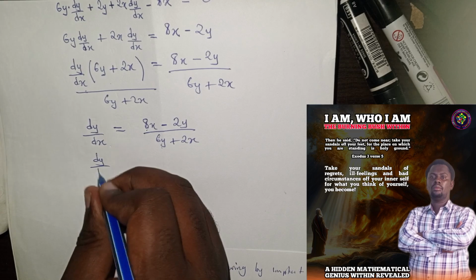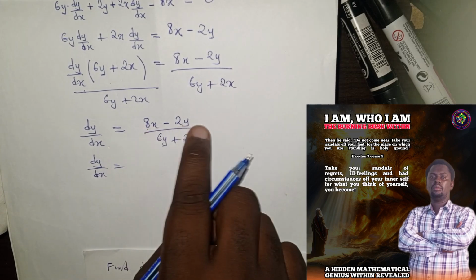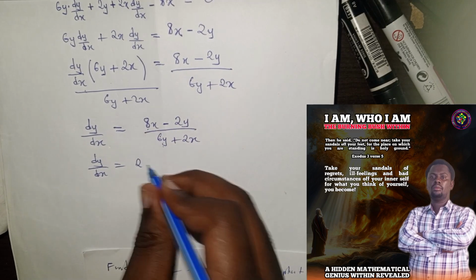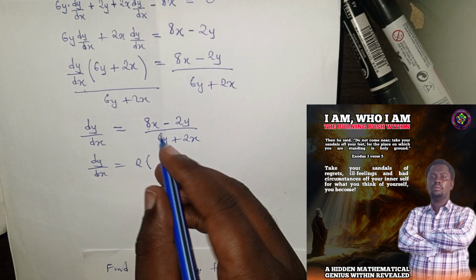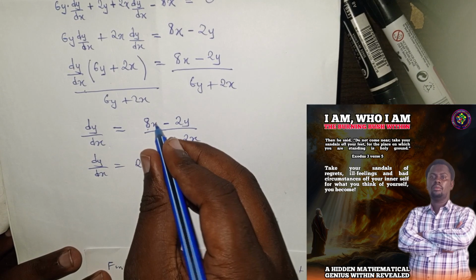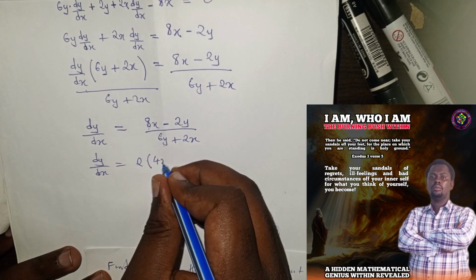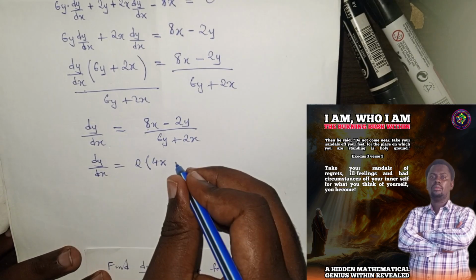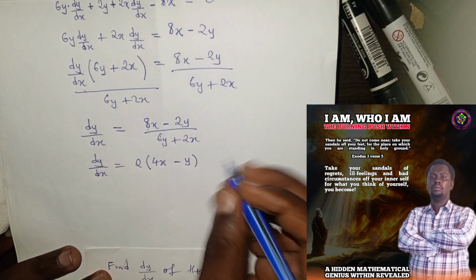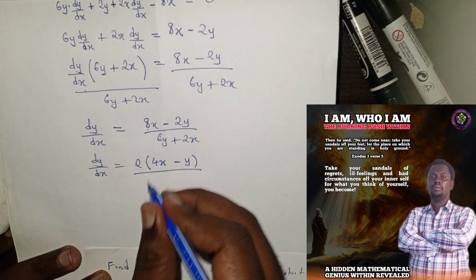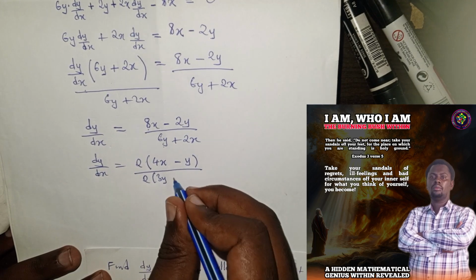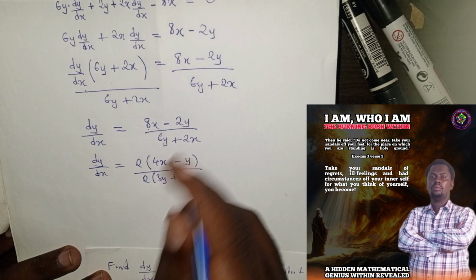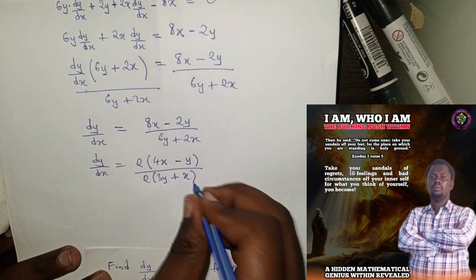So dy/dx is equal to, if you divide out 2 here, 8x divided by 2 will be 4x. 2y divided by 2, you get y, so minus y, over, you divide out 2 here, you get 3y, plus 2x divided by 2, you get x.